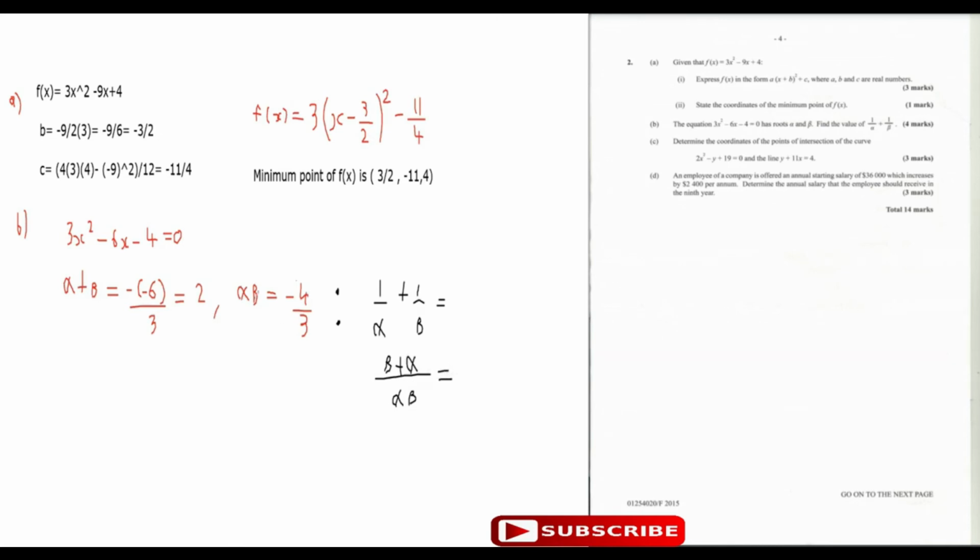But beta plus alpha is alpha plus beta, which is 2. And alpha beta is minus 4 over 3. So this works out to be 2 divided by minus 4 over 3. So you work that out, and we're getting minus 3 over 2.